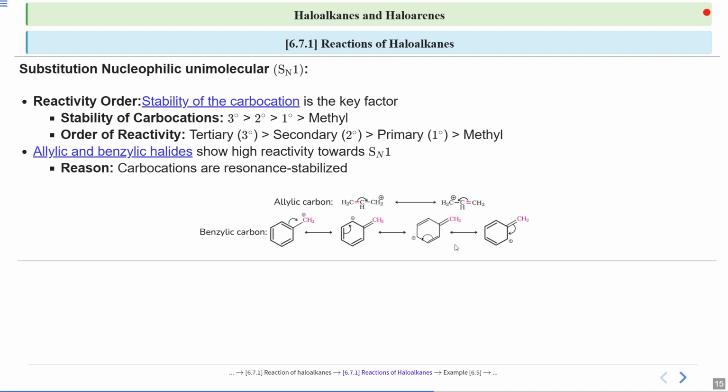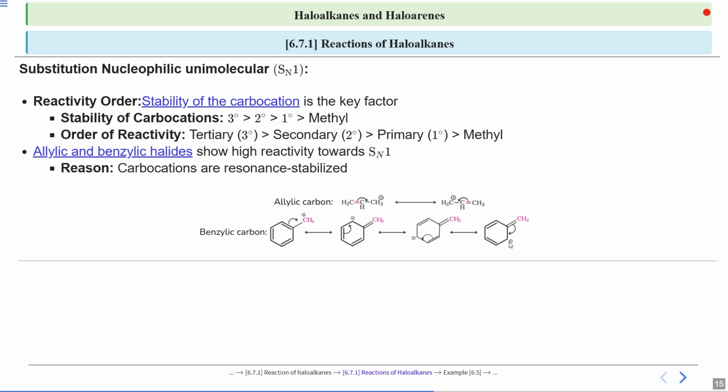Now the next double bond has the responsibility to stabilize this positive charge present on the carbon. So its sharing electrons are going to go onto this carbon to stabilize the positive charge, the double bond will shift from here to here, and the positive charge will go from this carbon to this carbon.